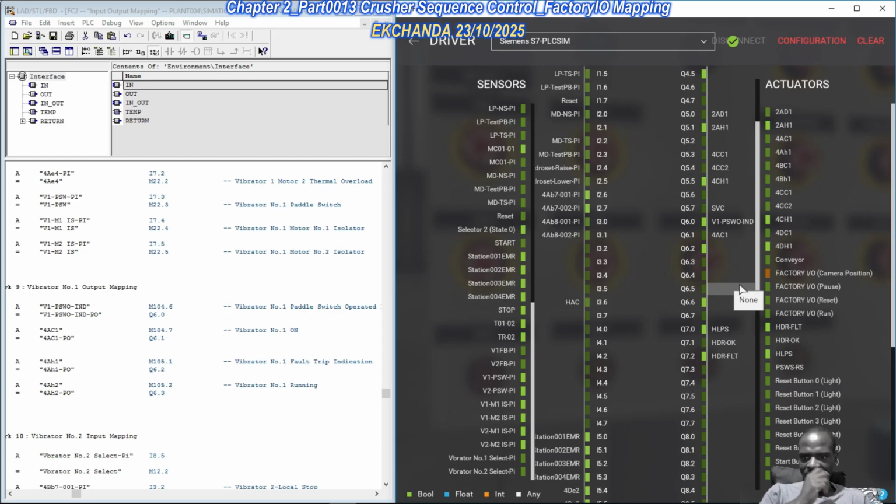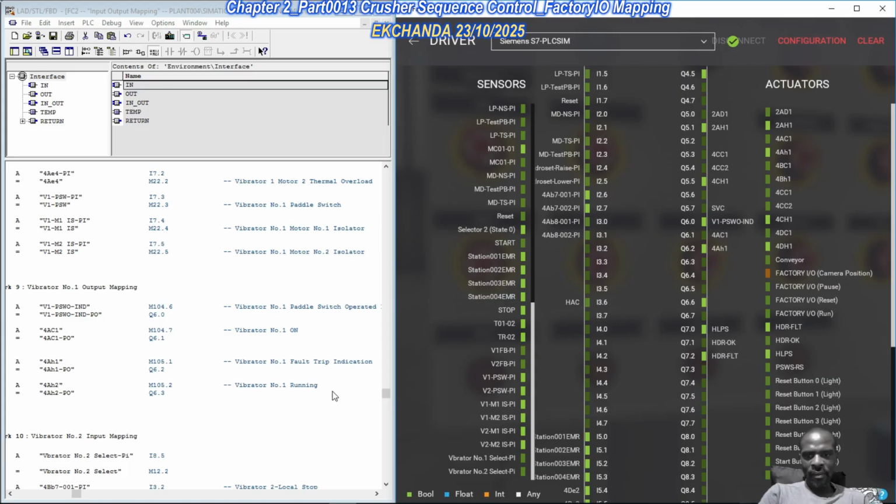And thereafter the faulted indication 4AH1 is mapped to Q6.2, and then what else do we have? We never mapped vibrator number 1 running, so it's not really an issue.